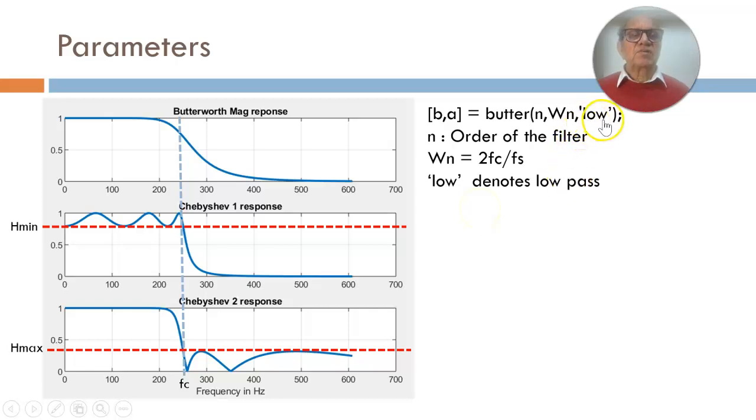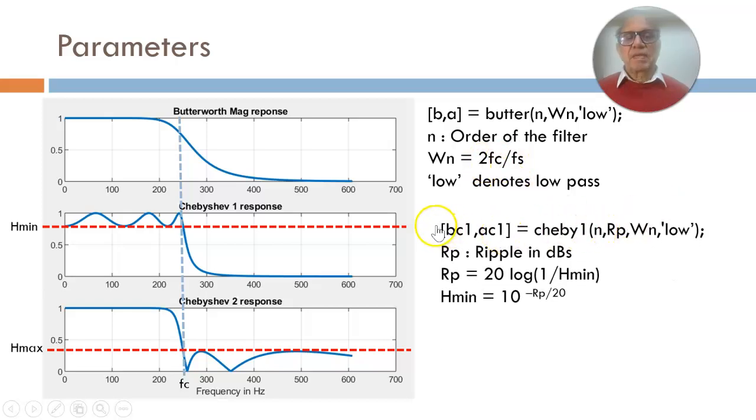Anyway, so this denotes the type of the filter. Okay, and this is the normalized cutoff frequency.